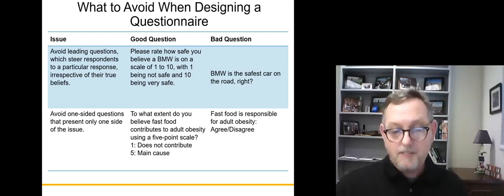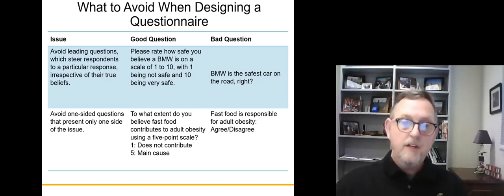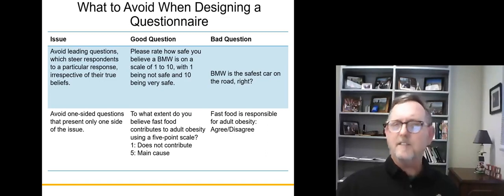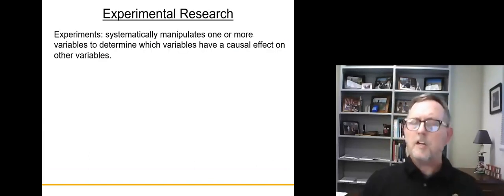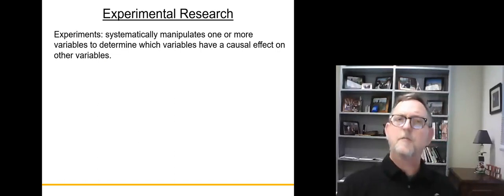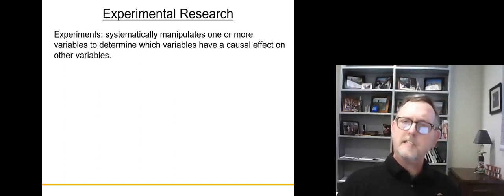The last thing that we'll look at specifically when it comes to this whole idea of designing primary research may involve some type of an experiment. Remember, causal research is a type of research where we look at causes and effects.